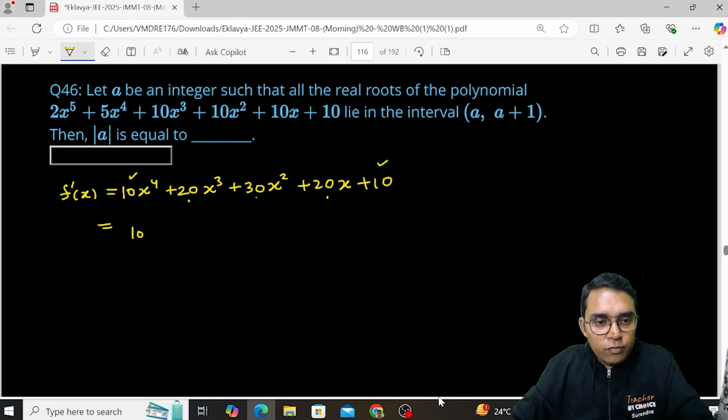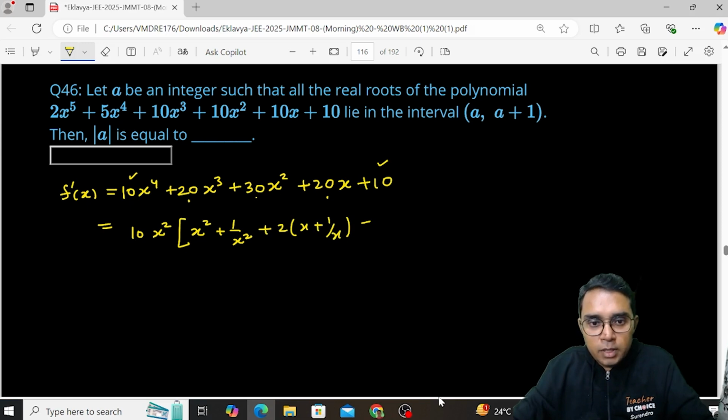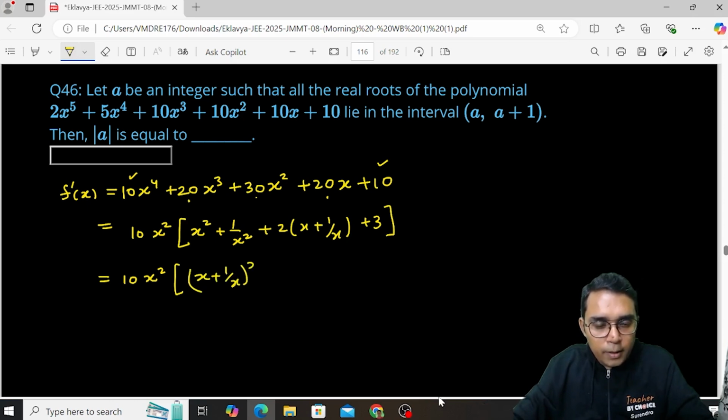So in such questions, we can take x square common, and we will be getting x square plus 1 upon x square from the first and last term, plus 2 into x plus 1 upon x from the second and second last term, plus 3. Now this gives you 10 times x square, and this will be x plus 1 upon x whole square, plus 2 into x plus 1 upon x, and from this 3 I have taken 2 with this to make it a perfect square, plus 1.